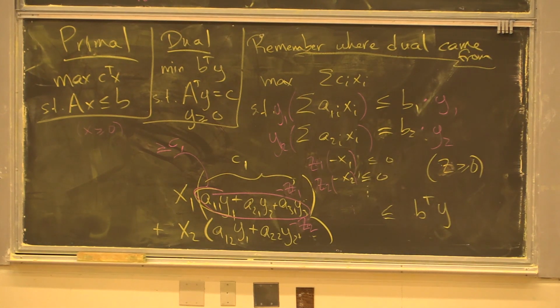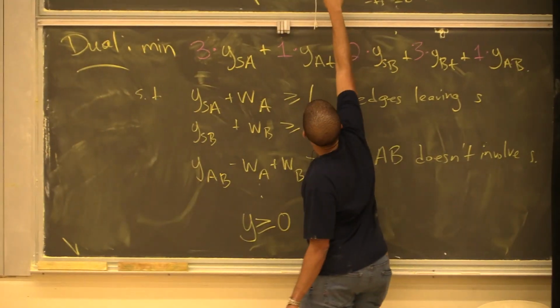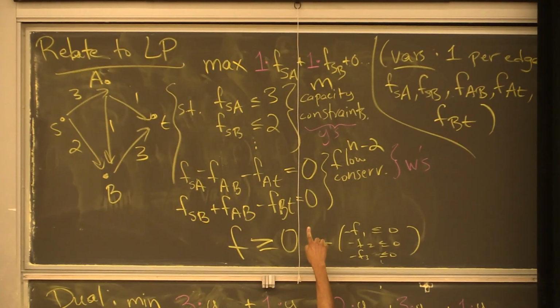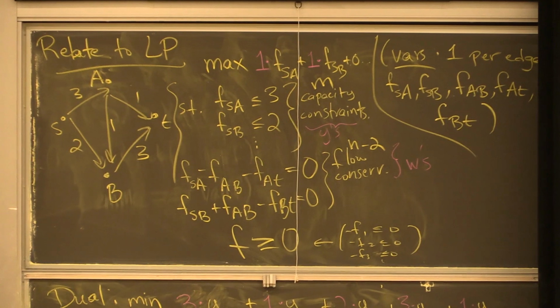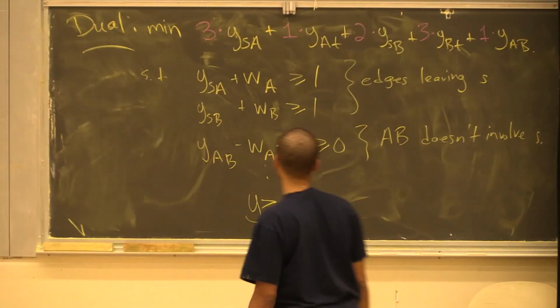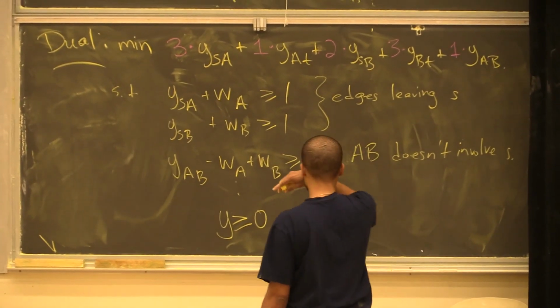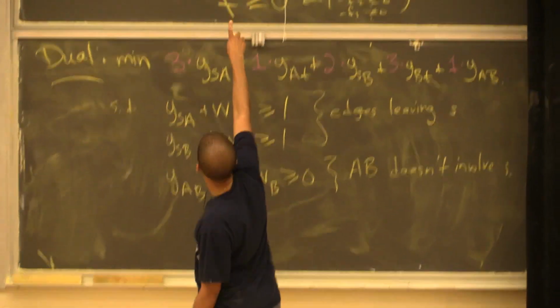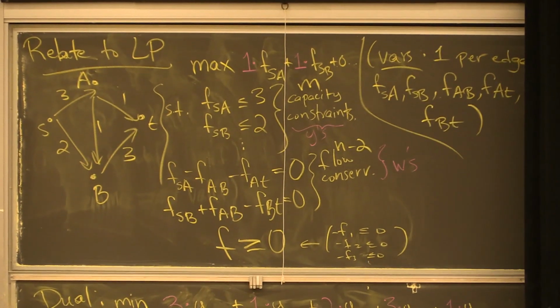So that constraint corresponds to WA, and that constraint corresponds to WB. So we don't have the non-negativity constraints on WA and WB. But we do have them on the Ys, because the Ys came from the capacity constraints, which are inequalities.